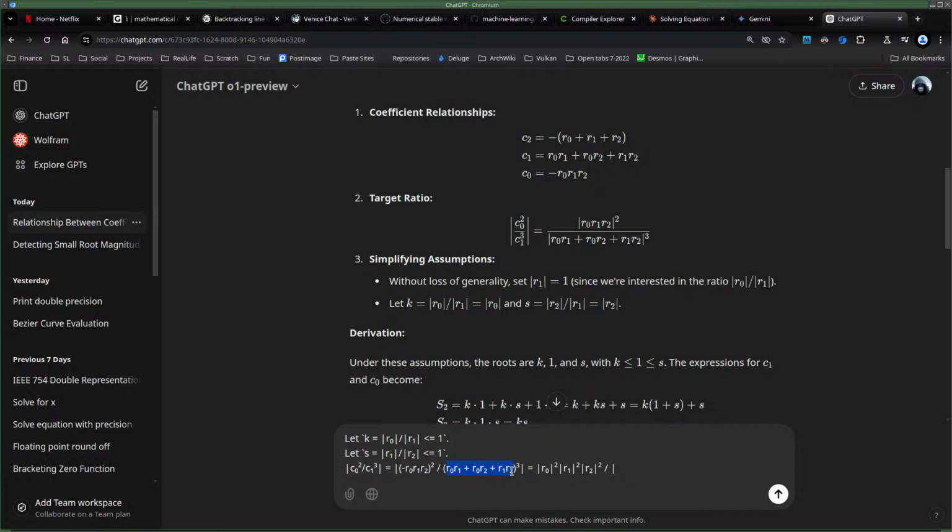It just remains like this. Maybe we should first take the cube and then take the absolute value.